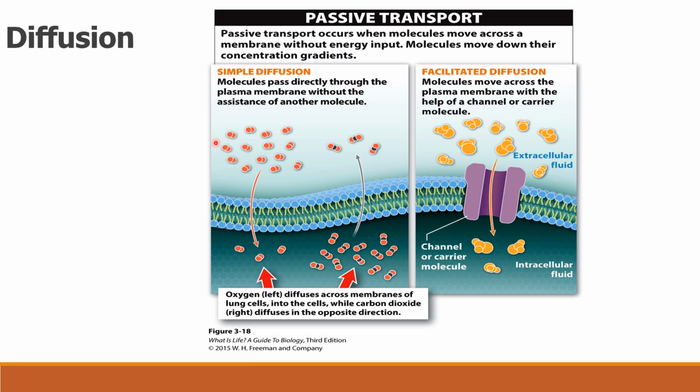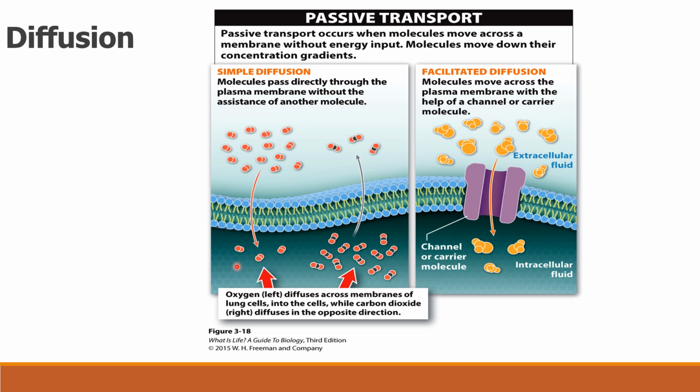Now, notice how up here the molecules are highly concentrated. So if those molecules are to move, they are going to move from the high concentrated region into the cell through the plasma membrane to the low concentrated region. So they're moving from high concentration to low concentration.